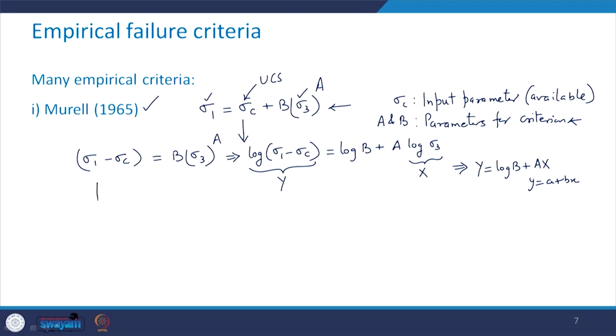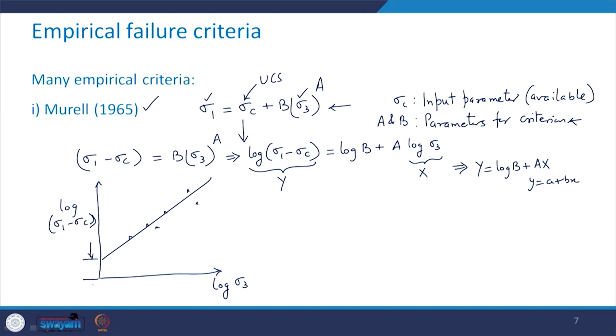So if we plot the experimental data in this space, that is, on the x axis I plot log of sigma 3 and on the y axis I plot log of (sigma 1 minus sigma c), and I fit a straight line to these points, the intercept is going to give me log of b, and the slope will give me the parameter a.